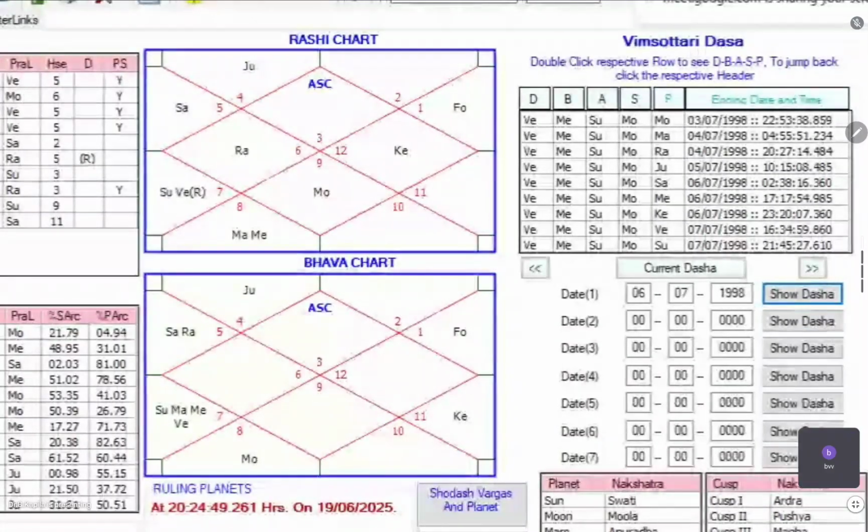Other events of the life. At least we should have 5, 6, 7 events. Only then we can justify the rectified time. If we are doing it with one event, if we are doing it just with ascendant sub-lord, not okay. If we are doing with 1, 7, 10 rule, not okay. If we are fixing the arc and doing it, not okay. If we are only having one death, not okay.